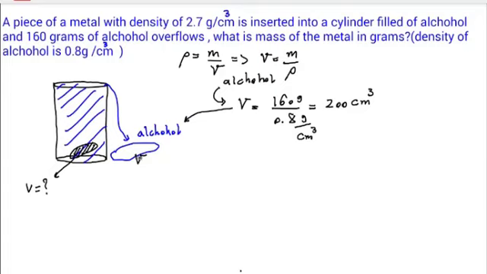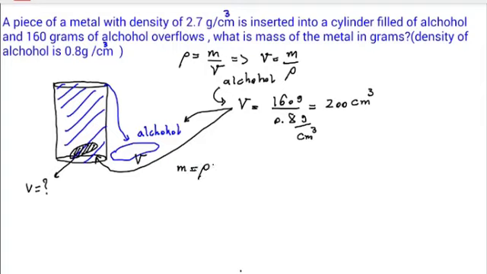And since we know that the volume of the displaced alcohol or the displaced fluid is equal to the volume of the object inside the graduated cylinder, this is equal to the volume of the object. It means this one. Okay, so we have its volume and we have its density.